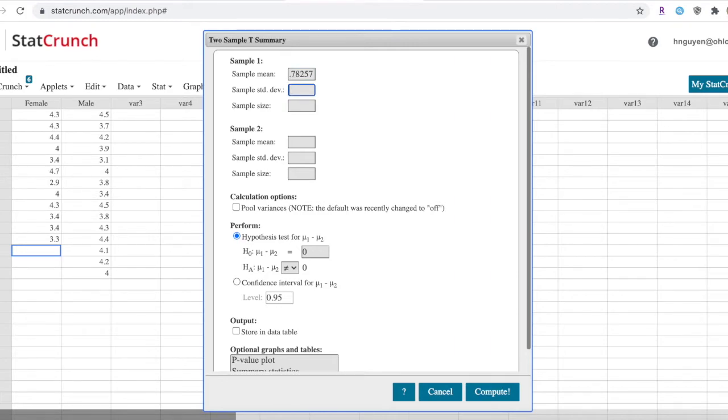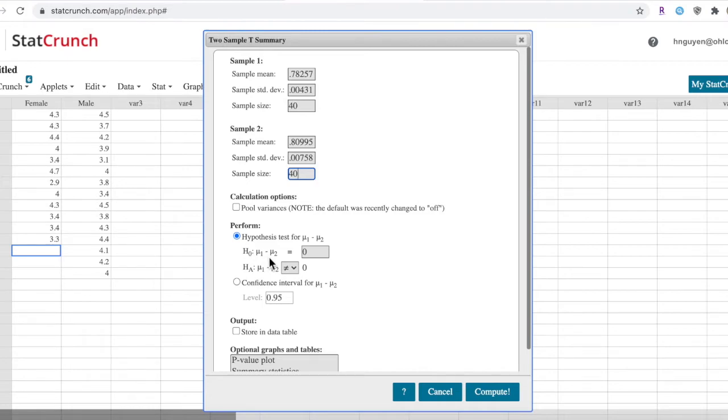Sample standard deviation, S1, 0.00431. Sample size N1, 40. X bar 2, 0.80995. S2, 0.00758. N2, 40.